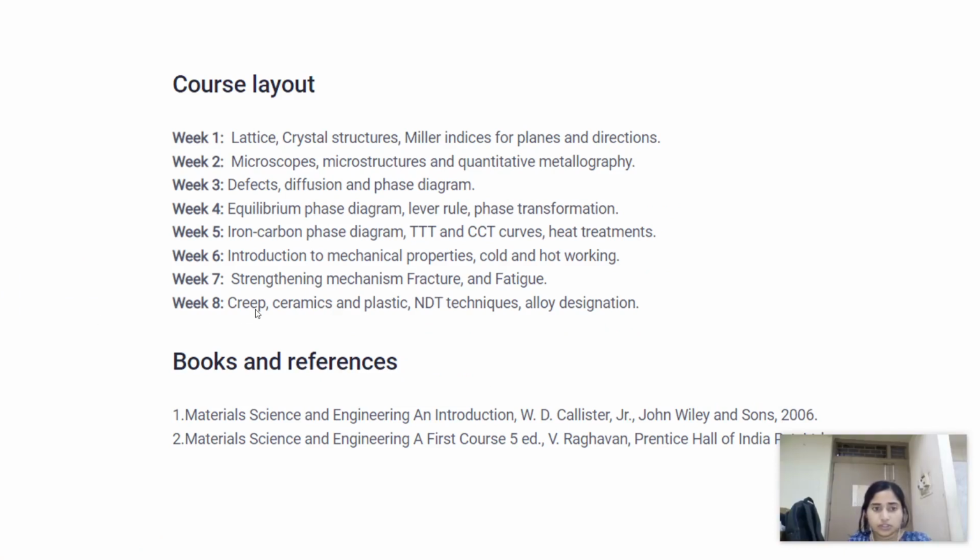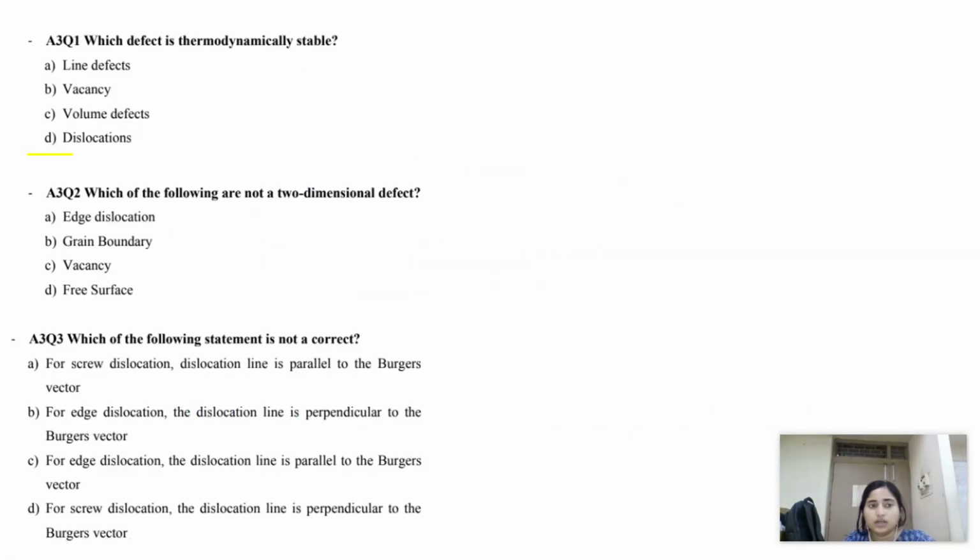This portion includes defects, diffusion and phase diagrams. Now let us discuss it. These are very easy MCQ problems, which I have given first here. So the first question is, which defect is thermodynamically stable? Can anyone answer?